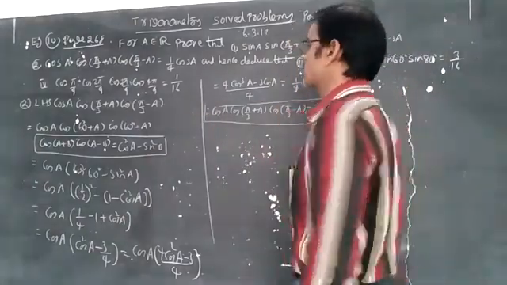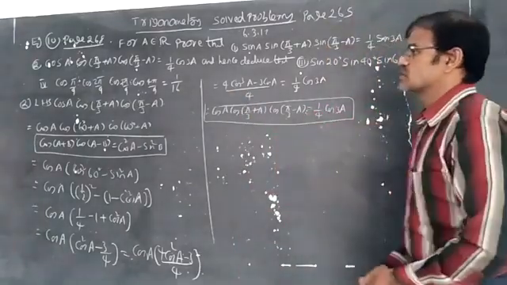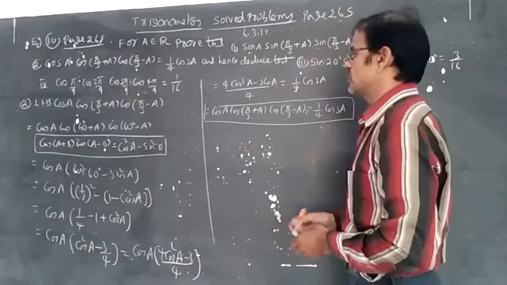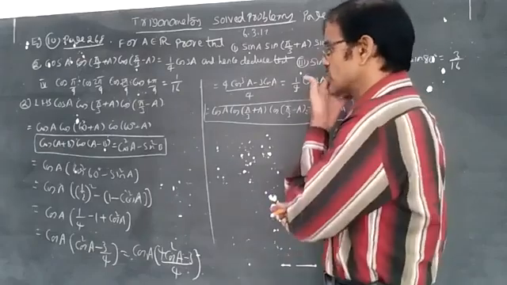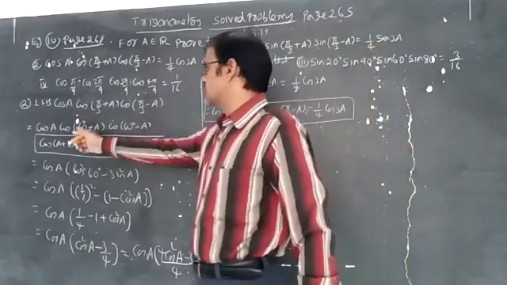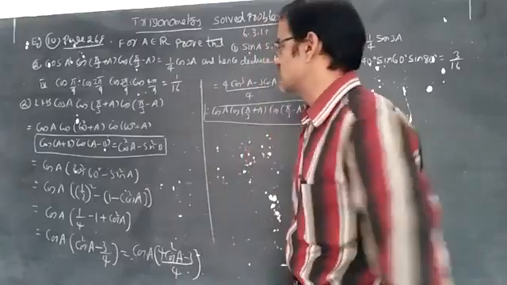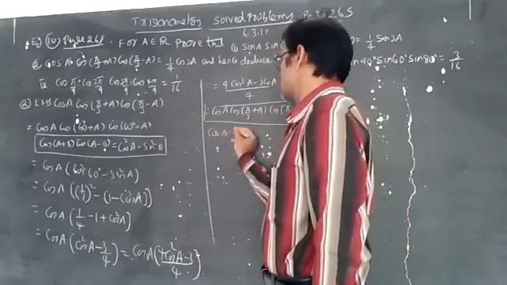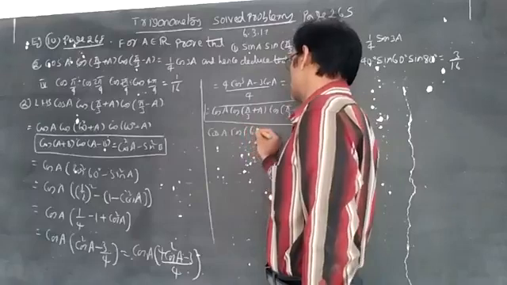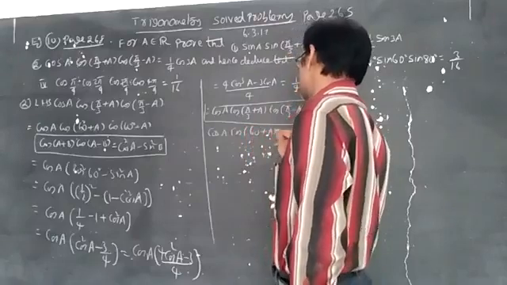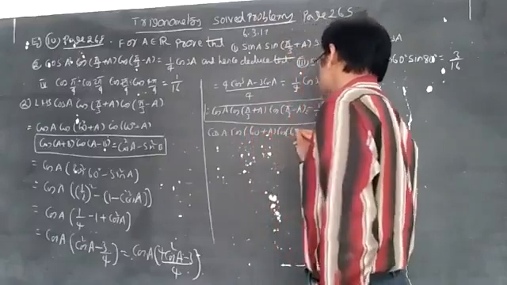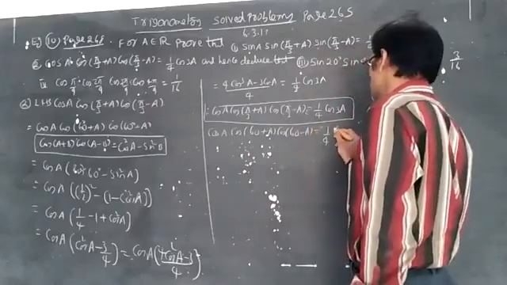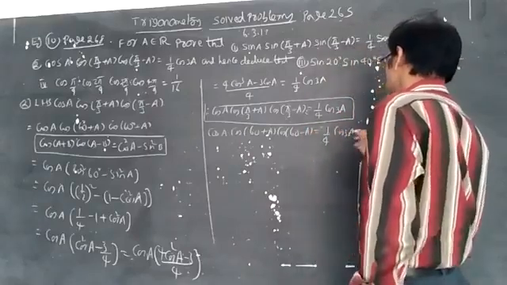Depending upon this formula, he is asking about cos π/9 into cos 2π/9 into cos 3π/9 into cos 4π/9. Of course, this is nothing but cos A into cos(60 + A) into cos(60 − A), which is equal to 1/4 cos 3A.